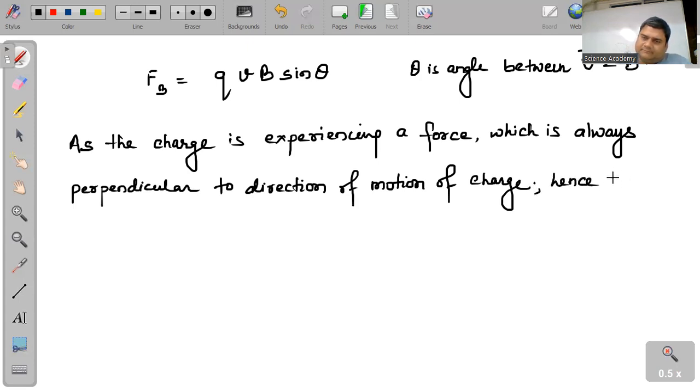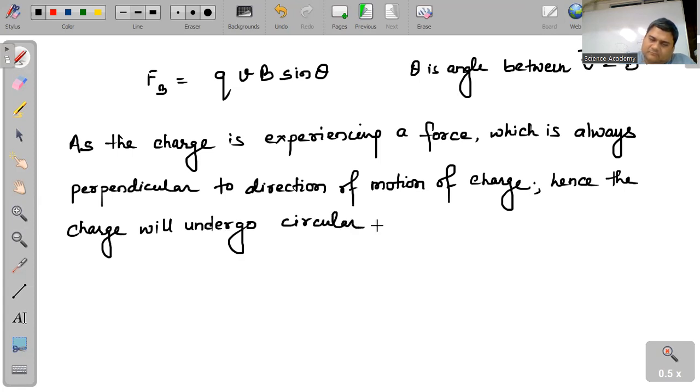hence, the charge will undergo circular motion.